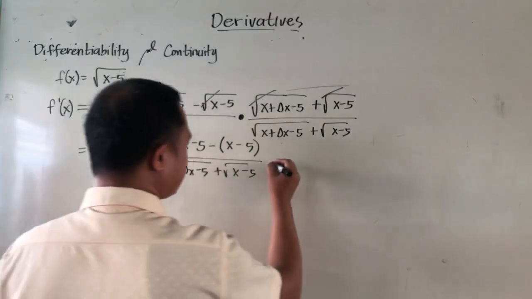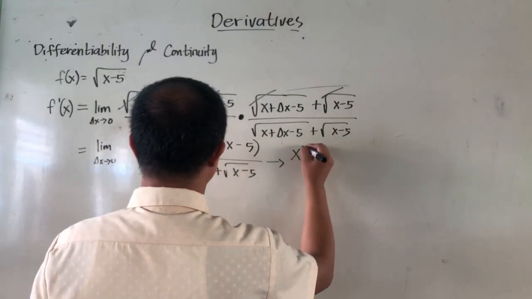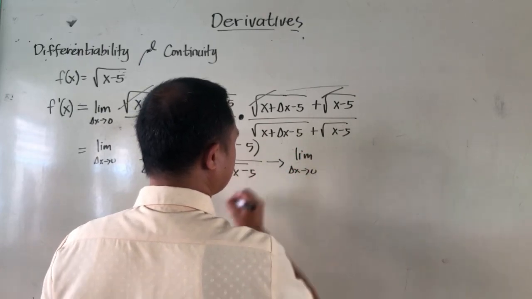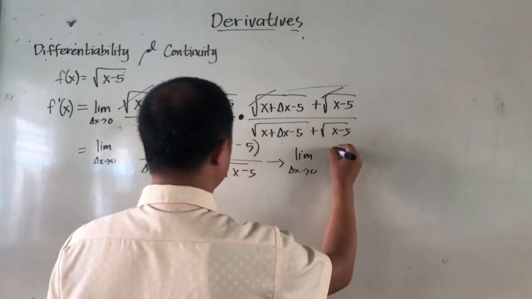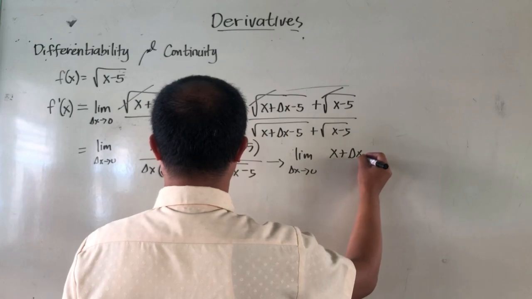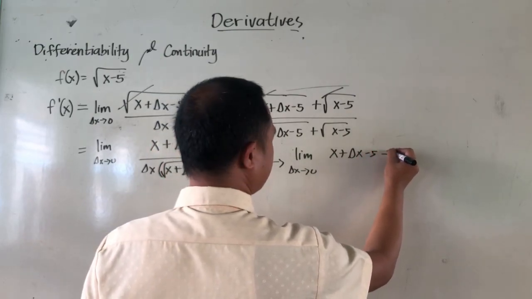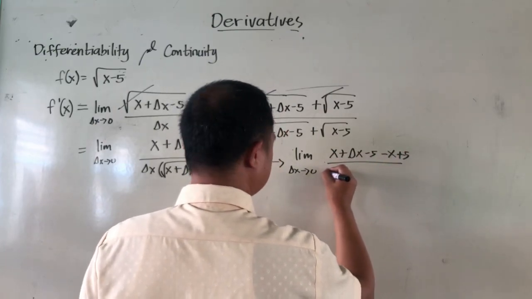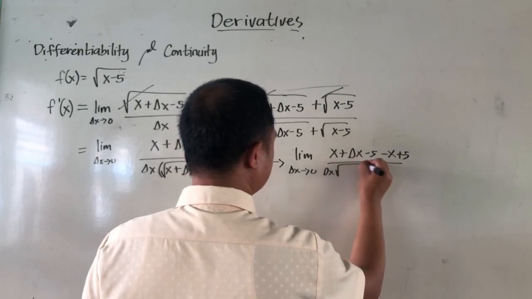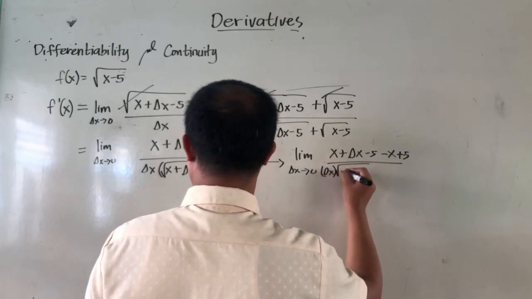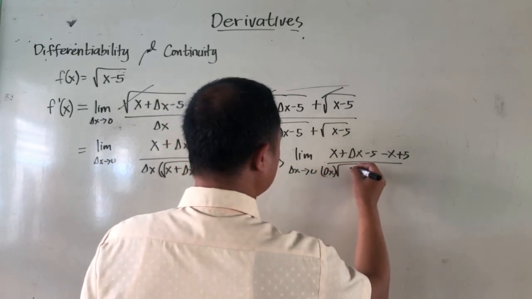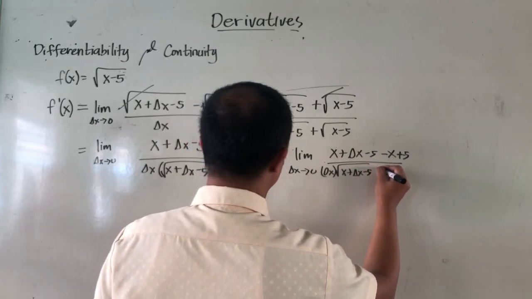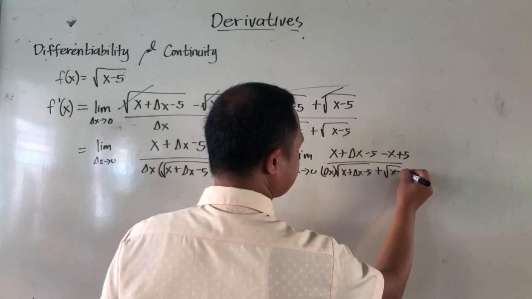So, simplifying this, the limit as delta x approaches 0, we have x plus delta x minus 5 minus x minus 5, or plus 5, sorry, over delta x times the square root of x plus delta x minus 5 plus the square root of x minus 5.